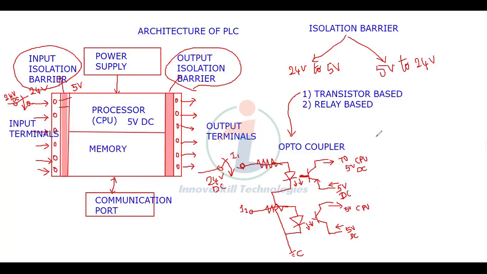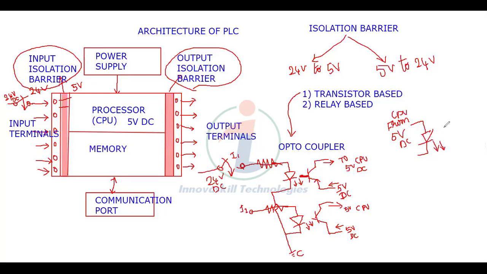So for that, in output side isolation barrier, the same arrangement only. 5 volt will be received from CPU. This is output side isolation barrier. From CPU it is received, and that 5 volt will be given to this LED.